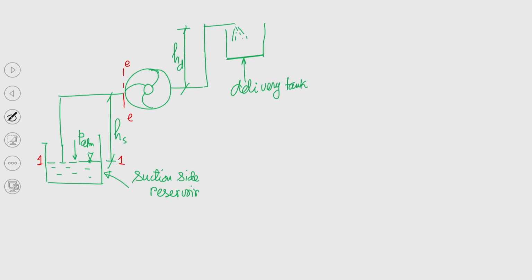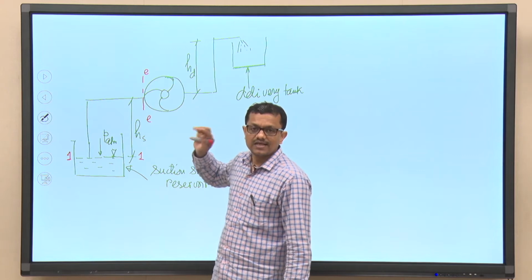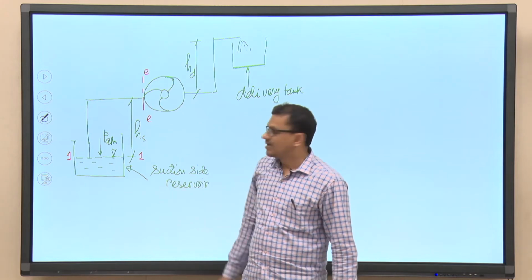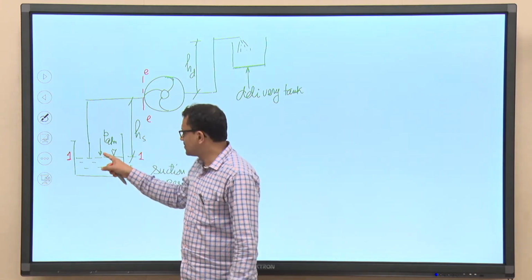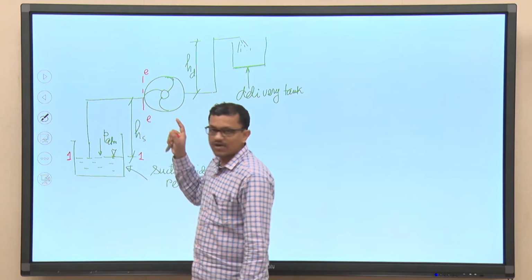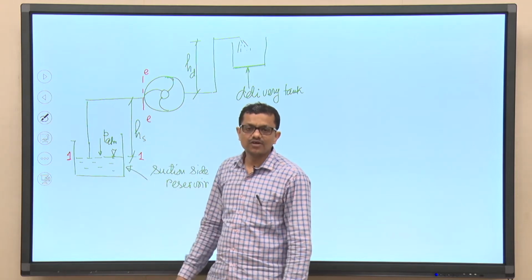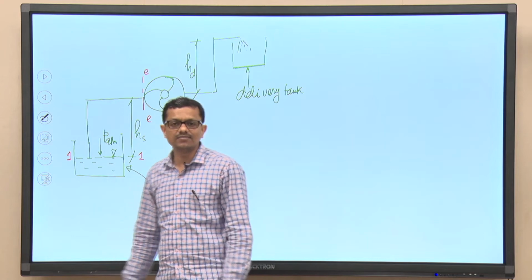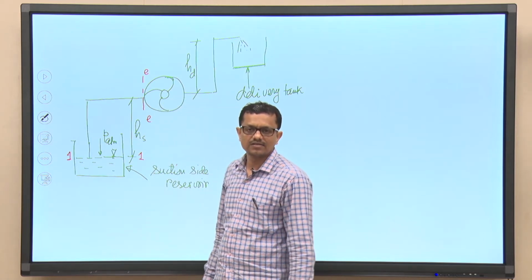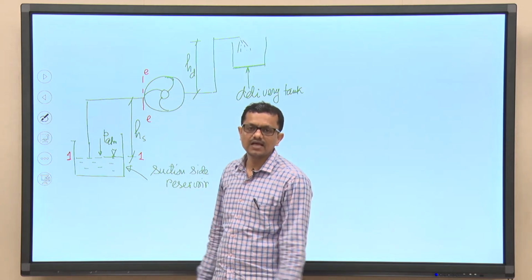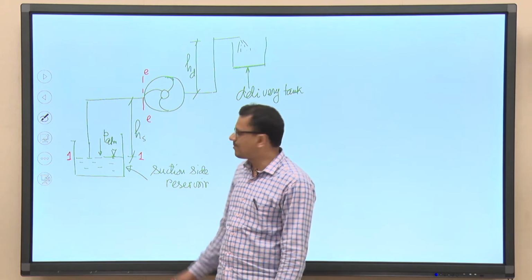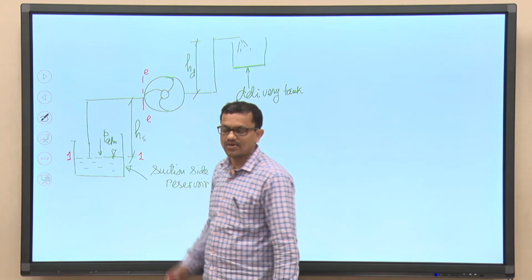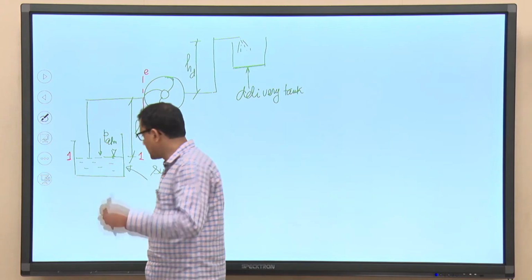So, what we can see is that until section EE there is no addition of energy. Liquid flows from section 1 1 to section EE by virtue of pressure difference, which we have derived from the steady flow energy equation applied to these two sections, 1 1 and EE.